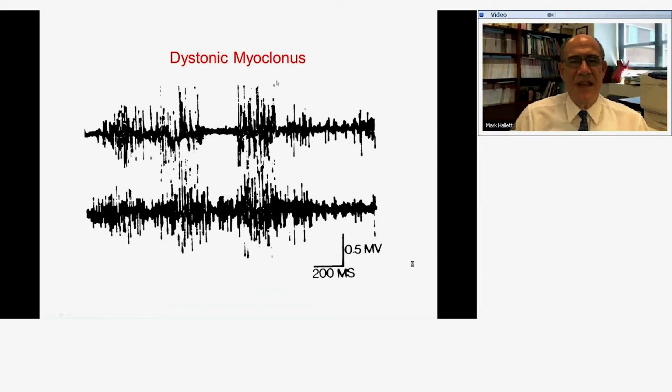Now here's a third myoclonus. This was seen in a patient that had DYT1 dystonia, but had also had myoclonus as part of the phenotype.